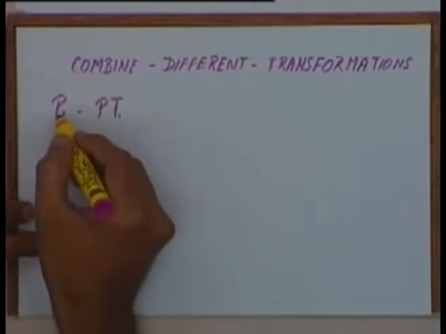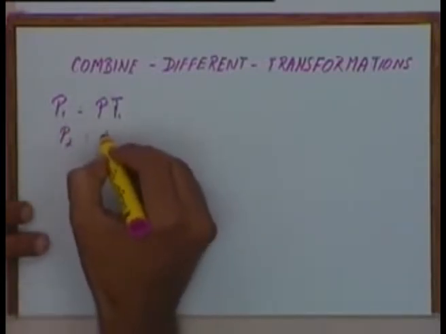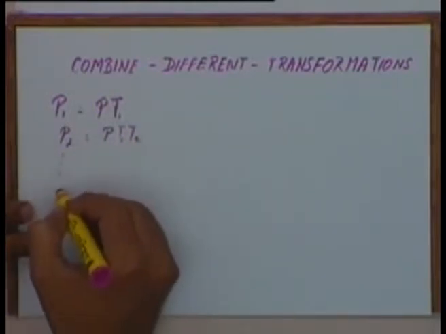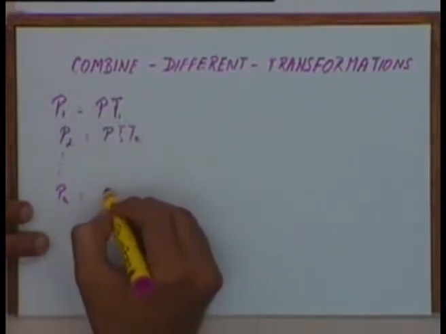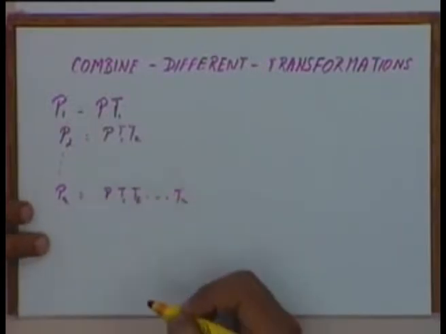We can take this point P1, transform it by another matrix and we'll get P2, which will be equal to P times T1 T2. And continuing this operation, we'll finally get Pn, which will be P T1 T2 multiplied till Tn.